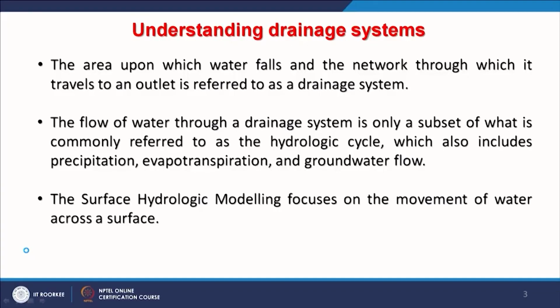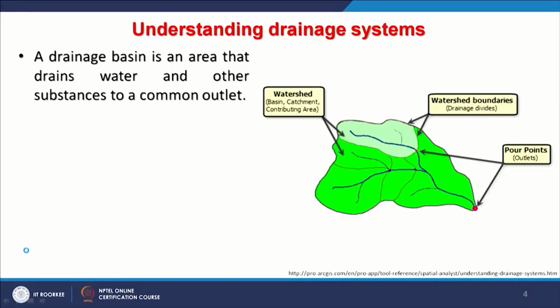Surface hydrologic modeling focuses on the movement of water across a surface or over the land, how water will flow, how this surface runoff will occur. Now, further, in order to develop our basic understanding before we go for real surface hydrologic modeling, we also have to understand that a drainage basin or drainage system is an area that drains water and other substances to a common outlet.